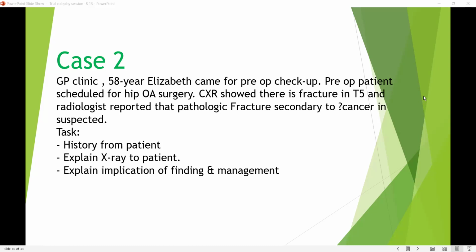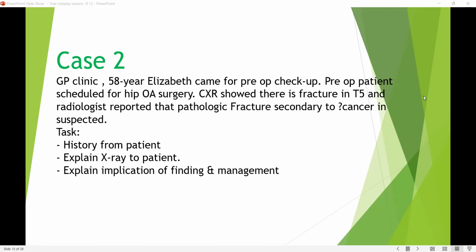I don't know, doctor. Do you take any medications other than Panadol? No. What about your BP or diabetes? Do you have anything? Yes, doctor, I have high blood pressure and not diabetes.